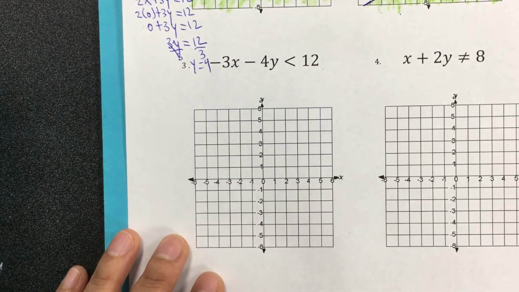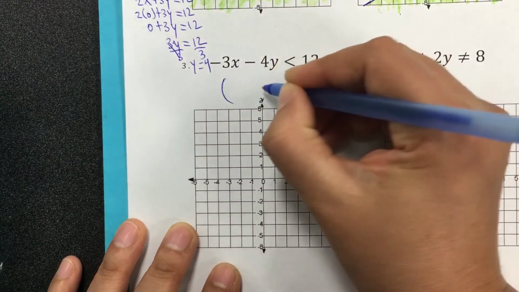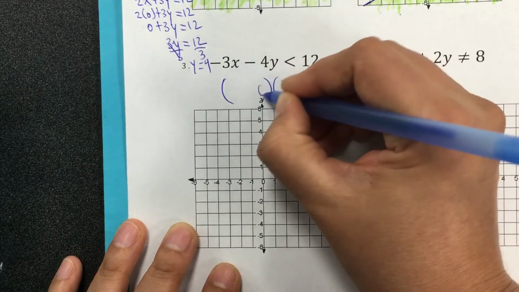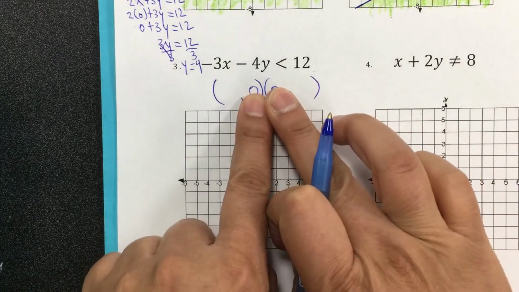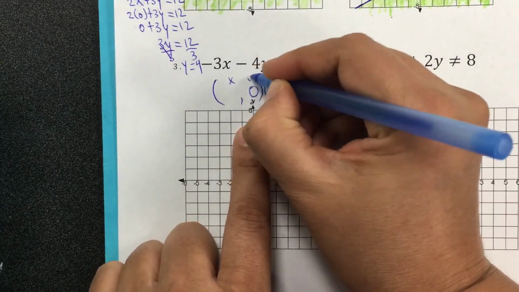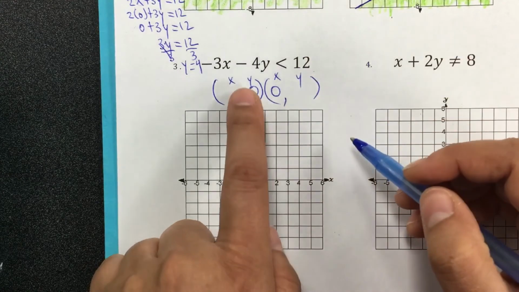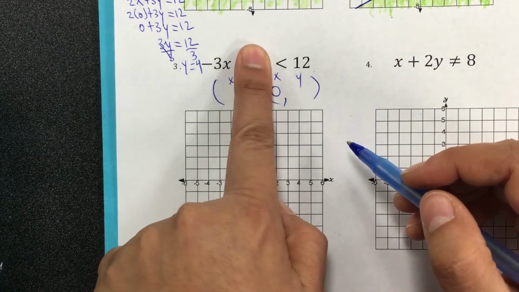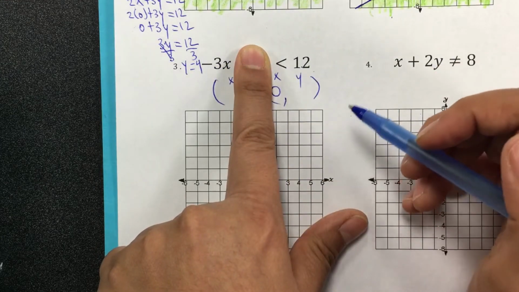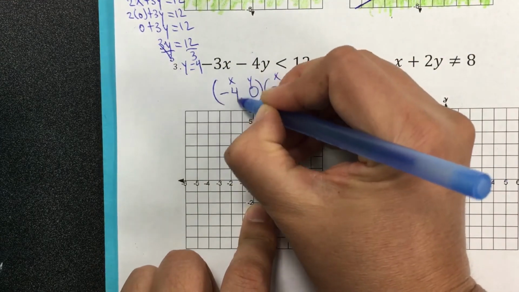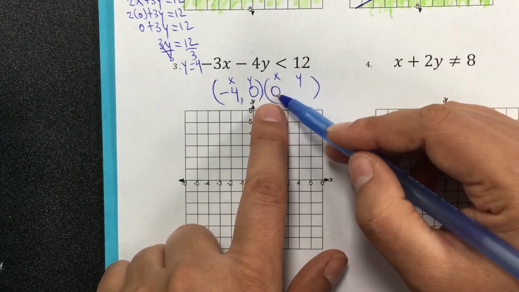Number 3, I do the zeros, always at the center. This is x, y, x, y. So when y is 0, we cover the y. And then 12 divided by negative 3 is going to be negative 4. Now the x is 0.